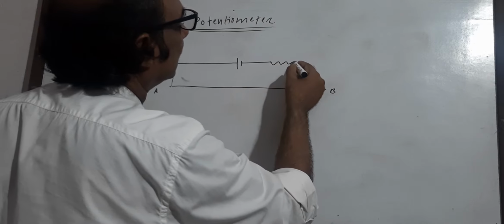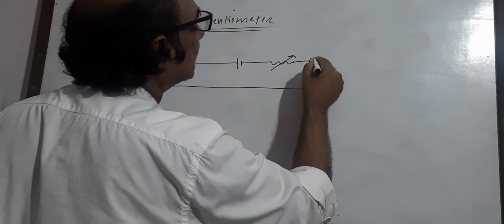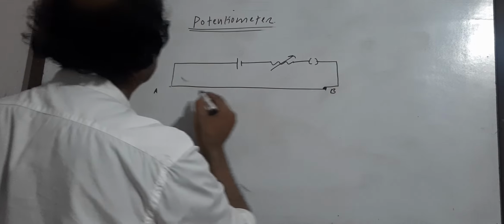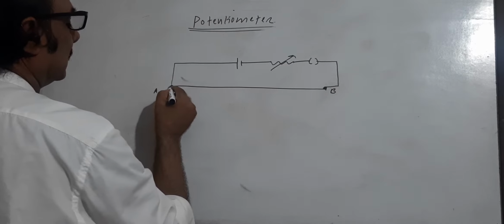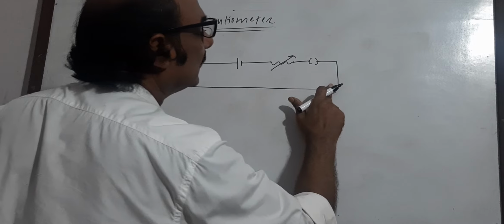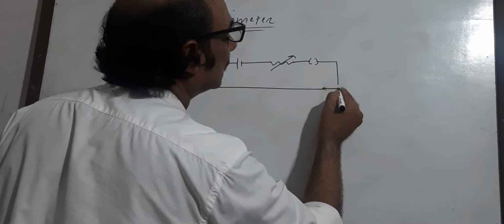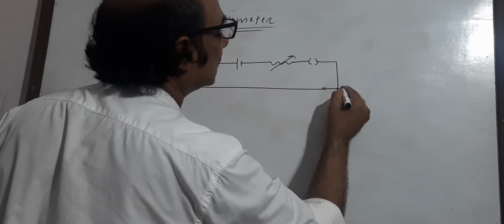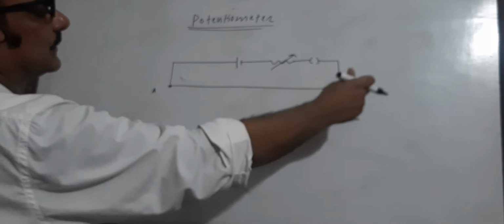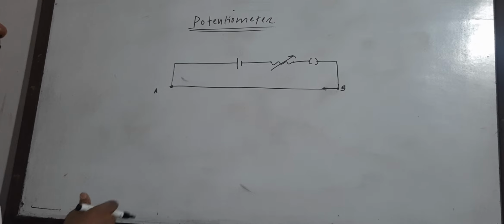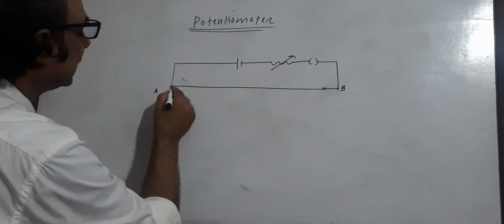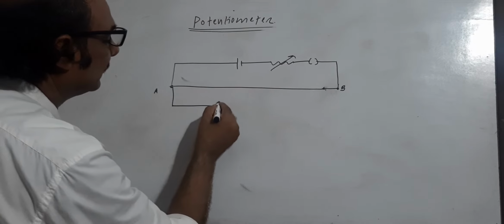It may have a variable resistance, a key, etc. For simplicity, this is the figure, and this is the point B. This is the driving circuit, this is the length of the potentiometer, and the cell which is to be compared is now connected as shown in the figure.